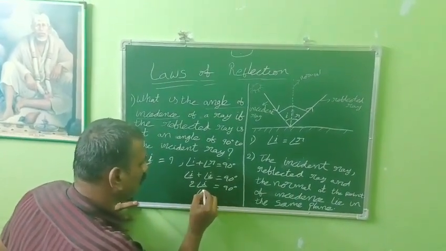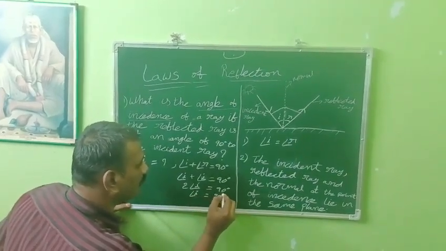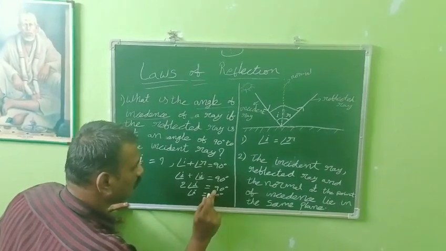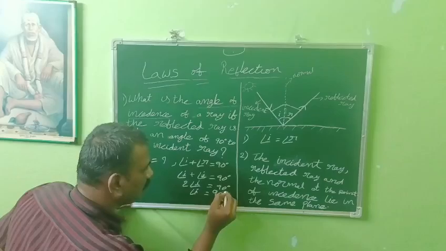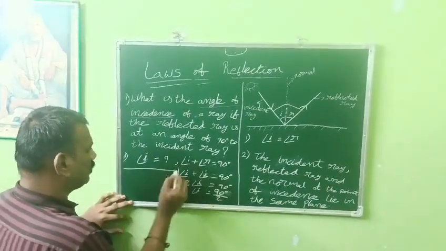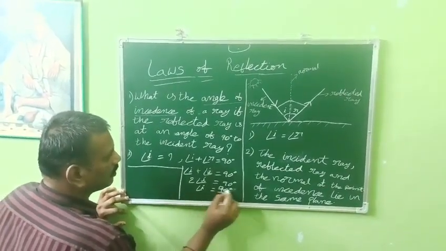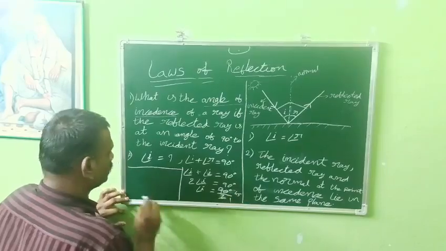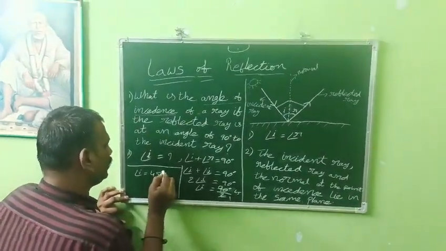That means angle I equals 90 degrees by 2. Therefore, one time here, 45 times. So angle of I equals 45 degrees.